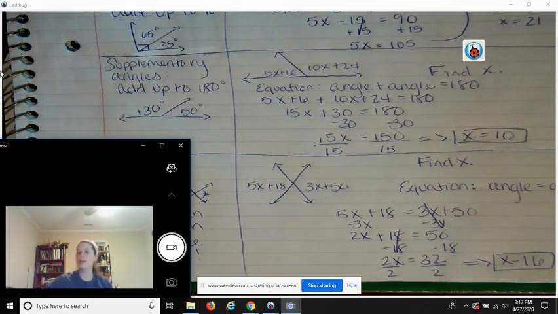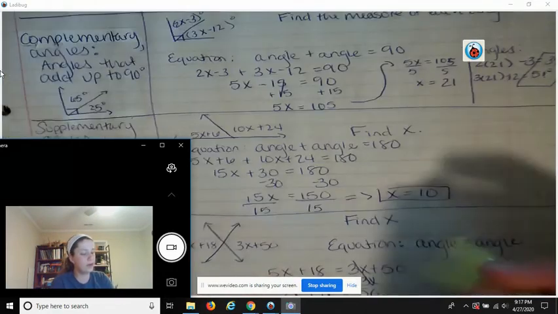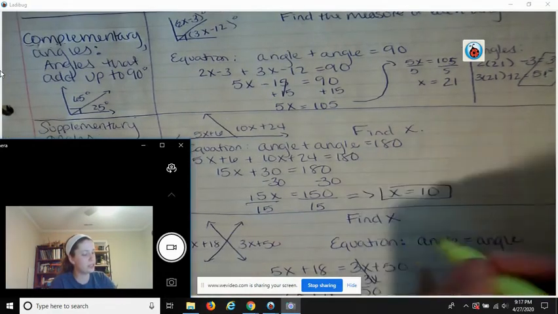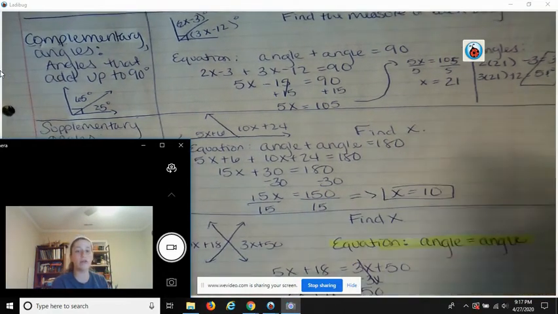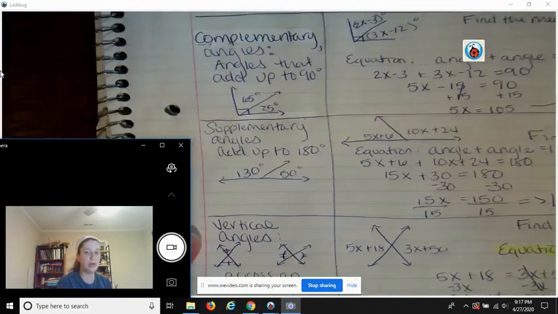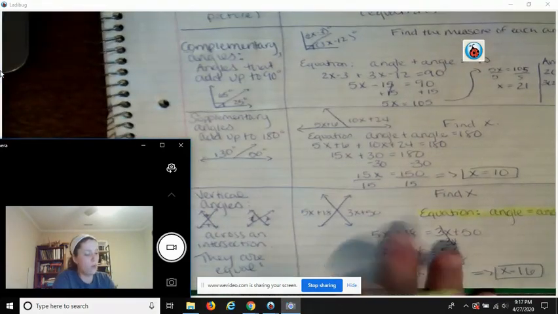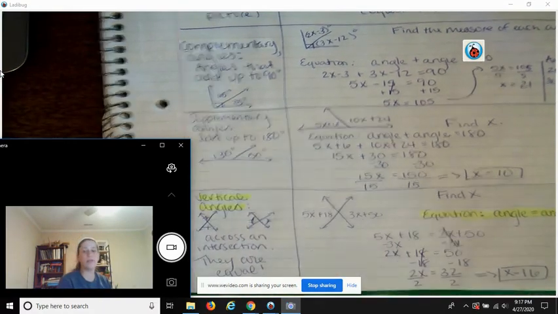Okay, so the important thing for you guys to recognize here is vertical angles. Our equation is angle equals angle. Let me zoom out a little bit so you guys can see everything. So my vertical angles will always have the equation angle equals angle.